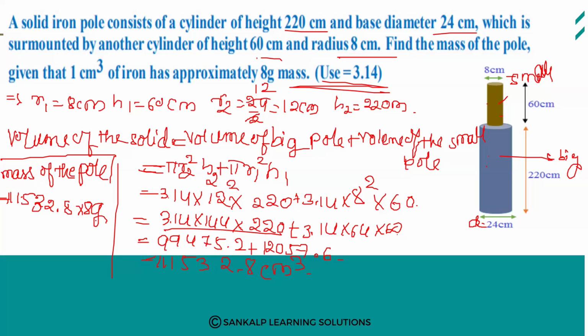So into 8. This is 8 gram. If you multiply these two values, then you will get 892,262.4 gram. If you convert this into kg, then it will be 892.26 kg.